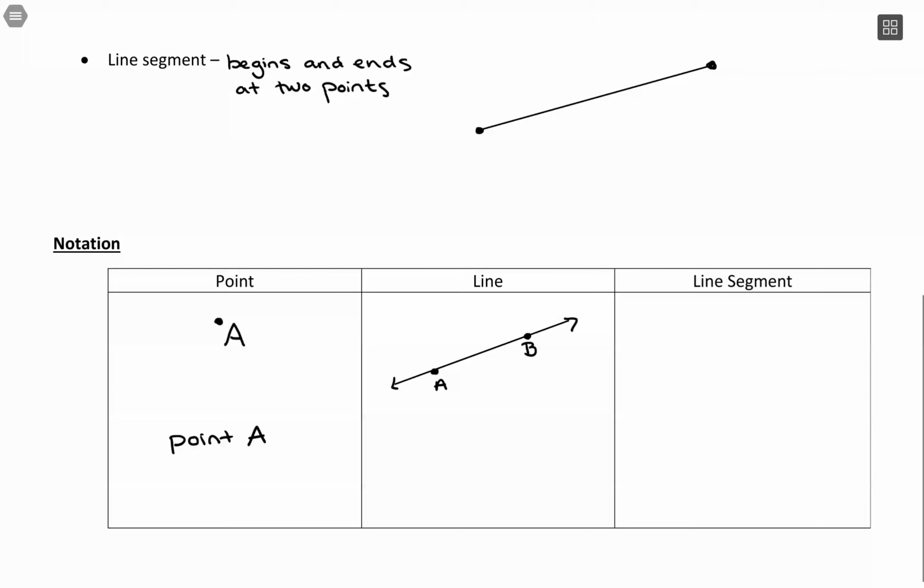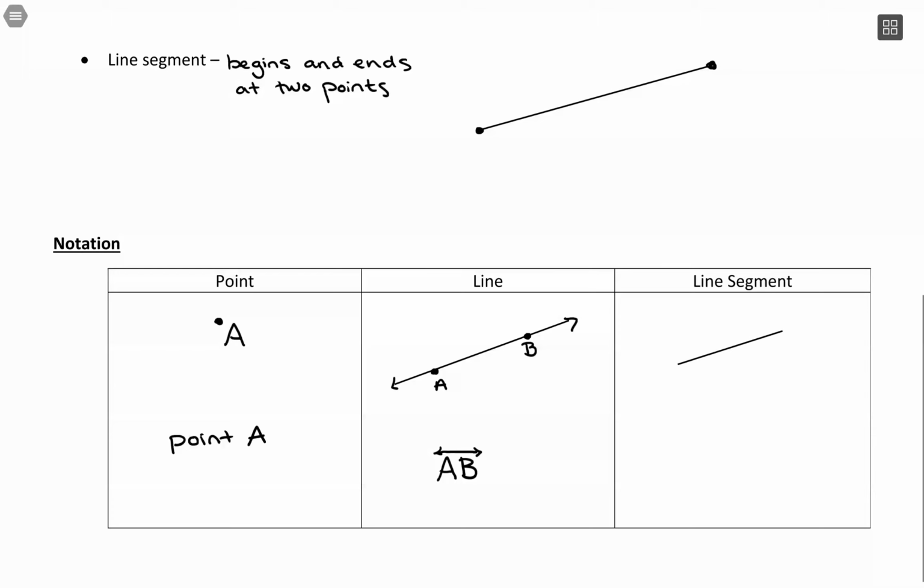How we would write this if we wanted to refer to this line in a sentence is you'd write the 2 letters A, B, and then put a symbol on top of them. That would be our symbol for a line. So you'd have the line, and then you'd want to have the two arrows there to show that it does continue forever and ever.